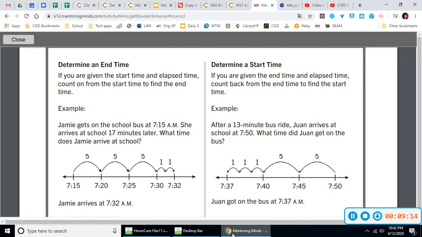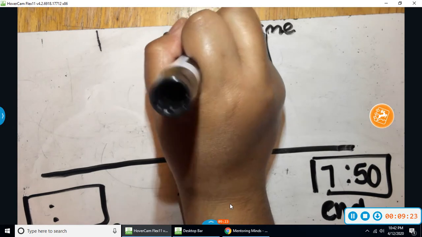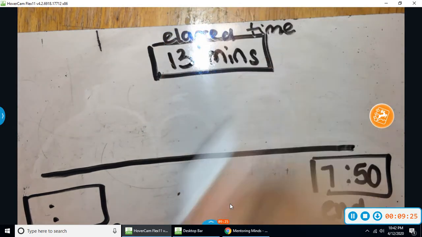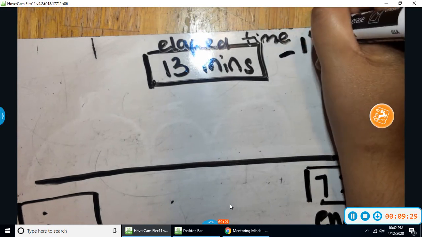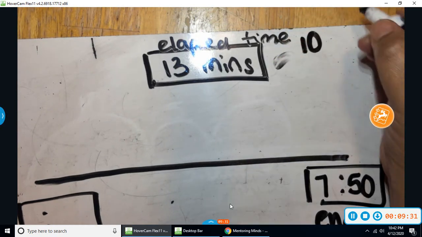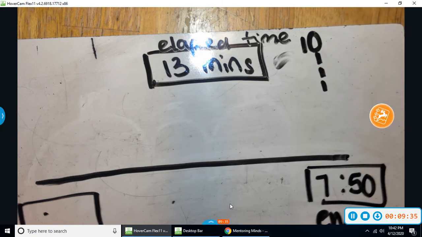AM or PM? It doesn't say, so I'm just going to put 7:50. We know that our elapsed time is 13 minutes. So how am I going to break 13 down? I'm going to break 13 down into 10, 1, 1, and 1.